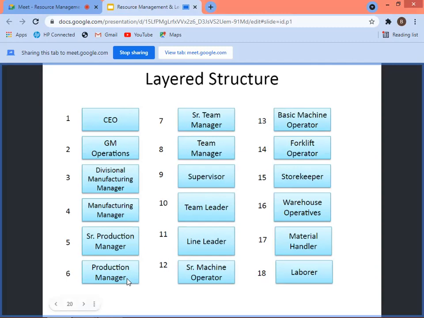The production manager will make a decision, and he said, this is not within my level of authority. I will escalate it to senior production manager. Senior production manager will escalate to manager. So this is the layered structure.